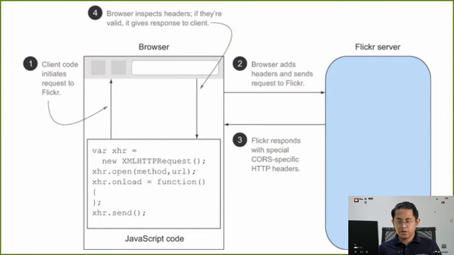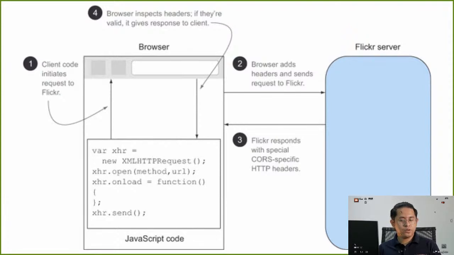The browser includes additional HTTP headers on the request. So this is the second one, this arrow over here. The browser includes additional HTTP headers on the request before sending the request to the server. So it's not a direct request.